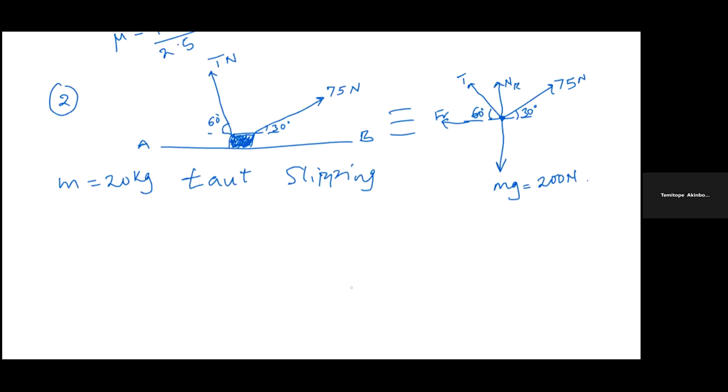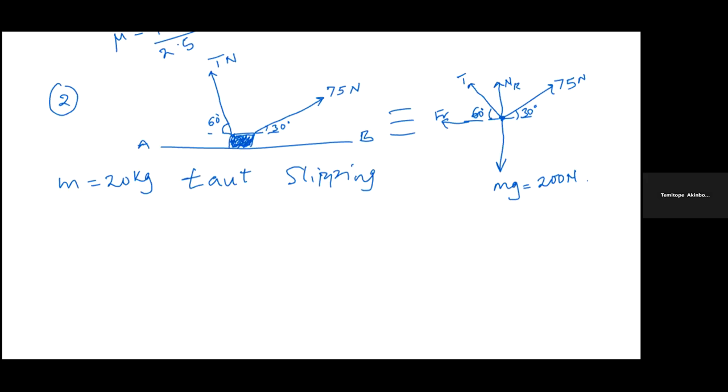Okay. Jason, what about you? I'm still solving it. Why is it taking you that long? Just resolve these forces horizontally. Don't forget you've been told that the system is in equilibrium.